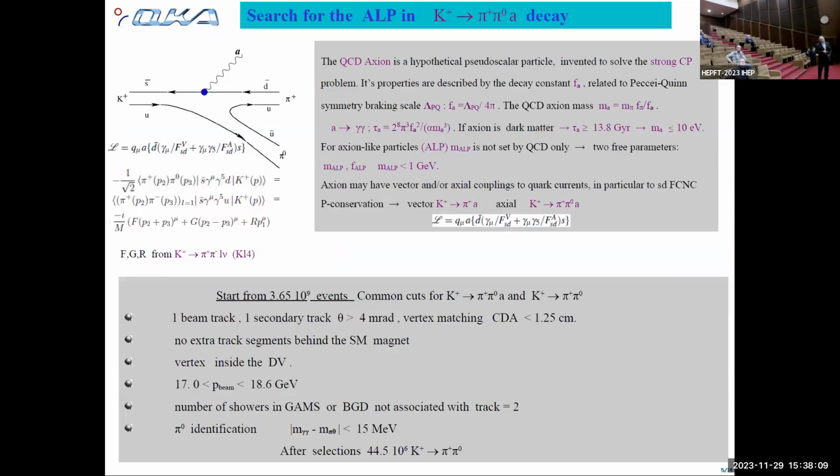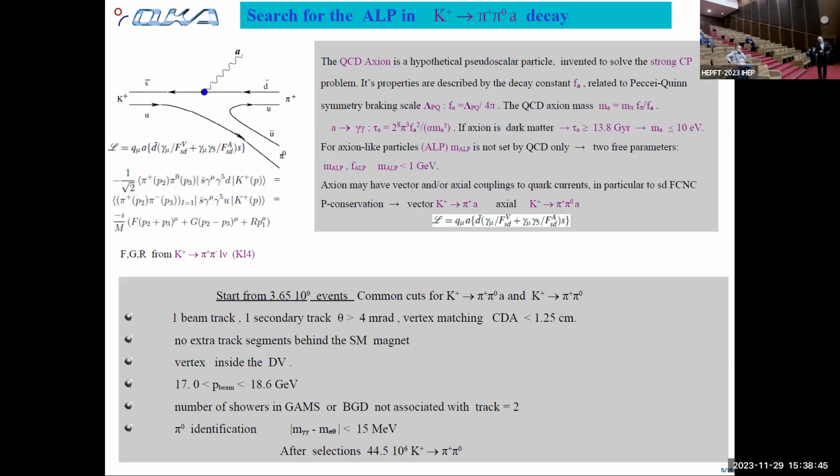So the first topic is the search for axion in the decay of kaon to pi plus pi 0 axion. It's actually a so-called axion-like particle. I will explain what that means. So in QCD, the axion is a hypothetical particle which was invented to wash out the CP problem in QCD.